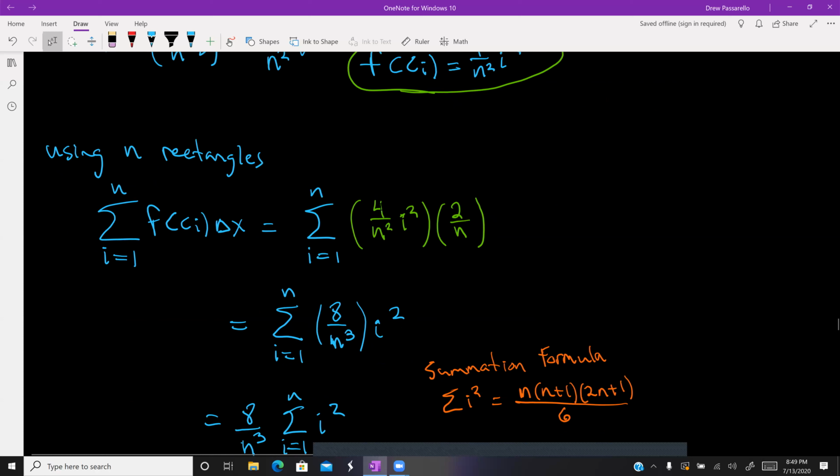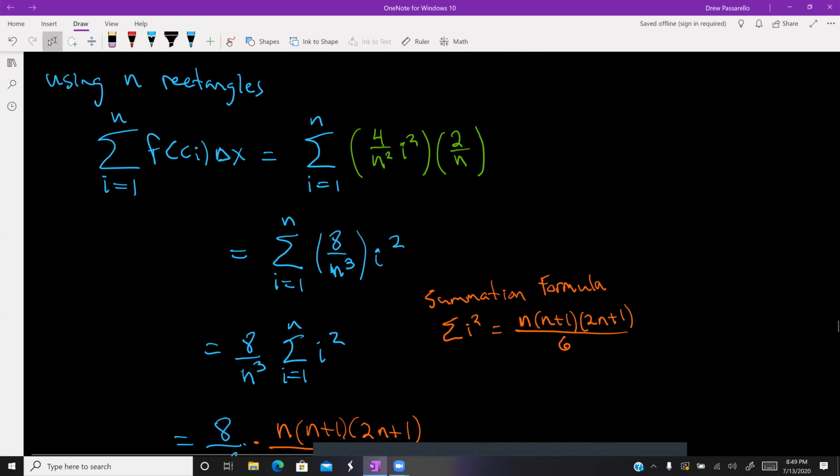Well, then I could do 4 times 2 is 8. n squared times n is n cubed, so that gives me 8 over n cubed, and then times i squared. And I basically want to keep the sum only consisting of i. So the 8 over n cubed, I can factor that out of the sum, so that I just have the sum of i squared.